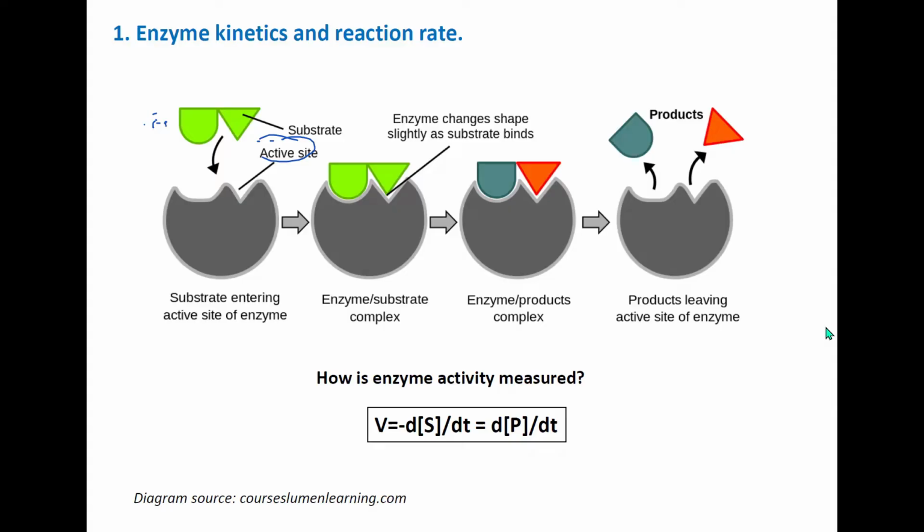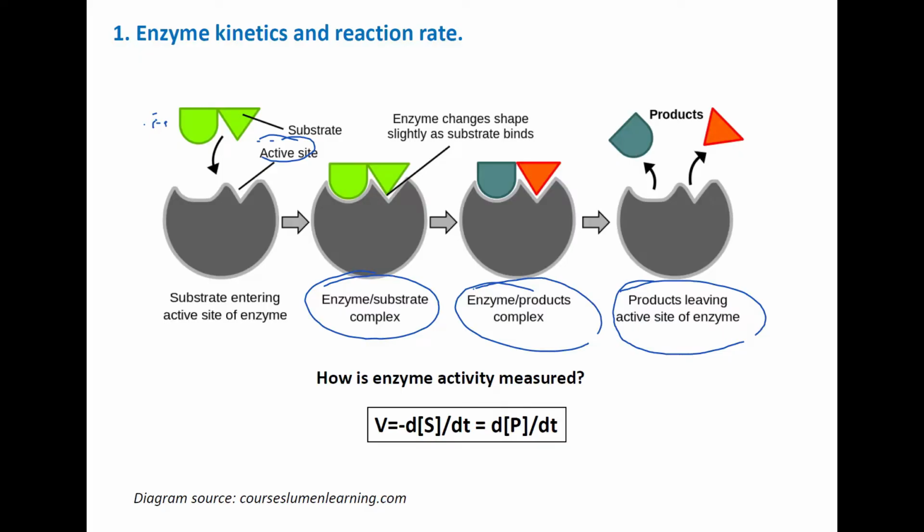So we have an enzyme plus substrate, and then the substrate binds to the active site to form what you call the enzyme-substrate complex. Then the enzyme starts converting the substrate into product to produce the enzyme-product complex. Finally, the product leaves the active site, and the enzyme goes back and catalyzes another substrate into product.